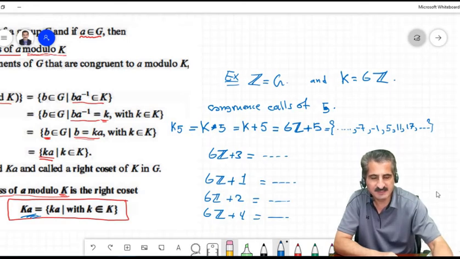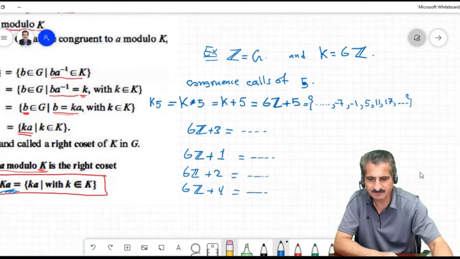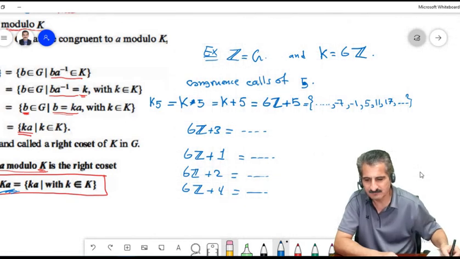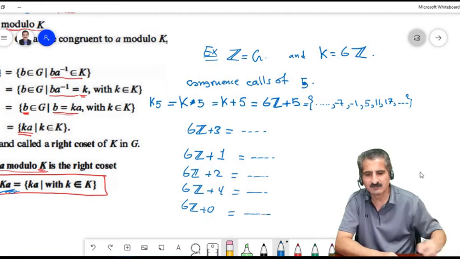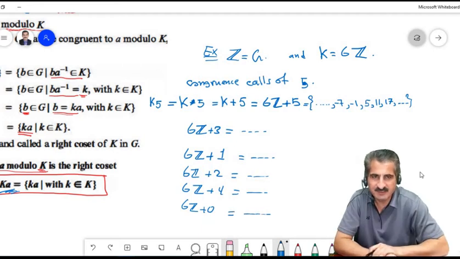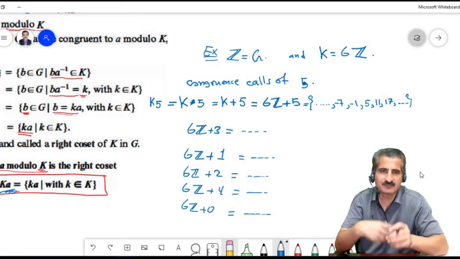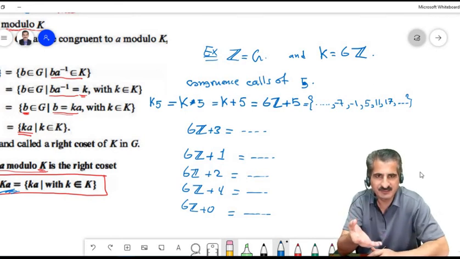It is 6Z itself, right? And we have seen these things in color before.